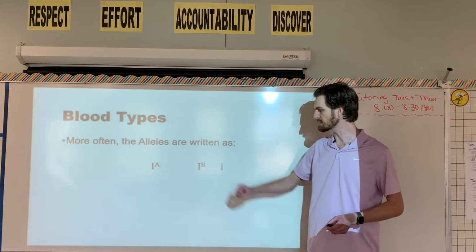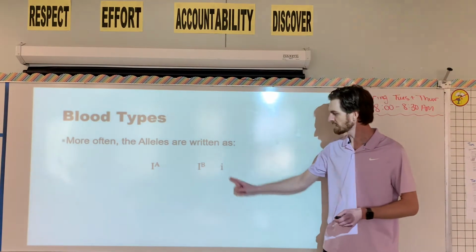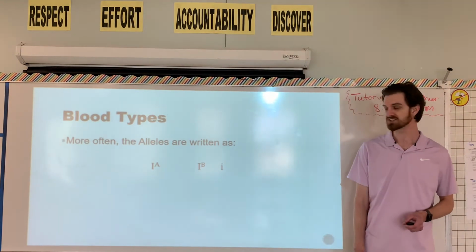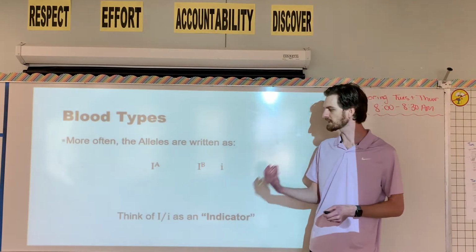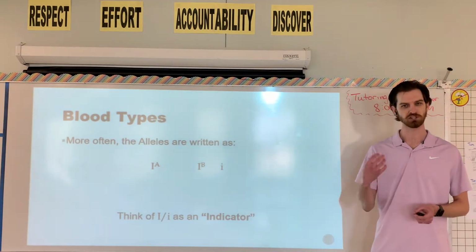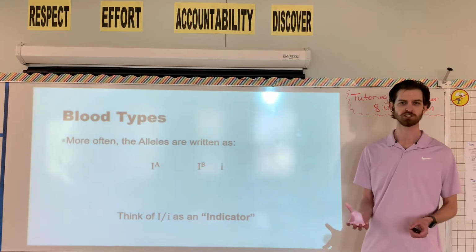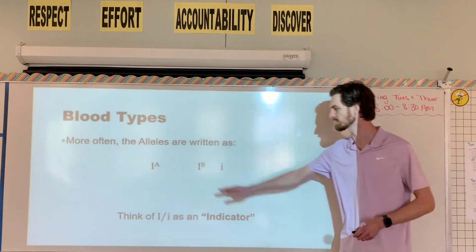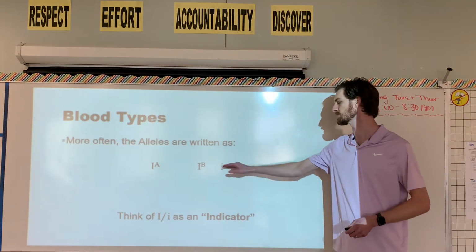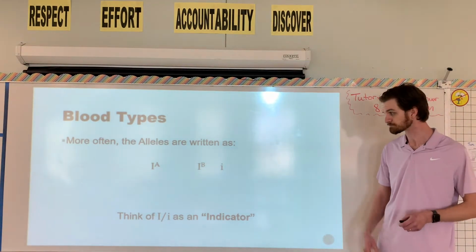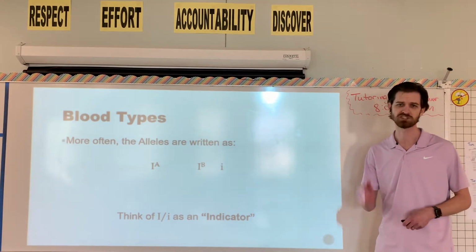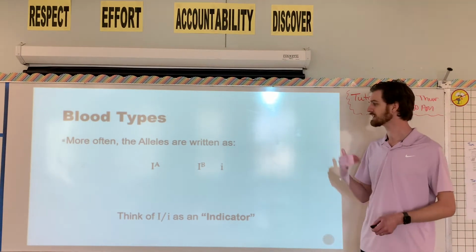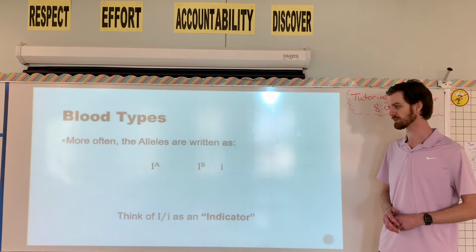This I with a B is also dominant, and this little i is more of a recessive overall. You can think of the I as an indicator. Like when you're getting your blood drawn and they're telling you what your blood type is, they're using indicators to figure that out. So you can think of indicator A, indicator B, or indicator over here. So don't panic if you see I's and A's and stuff on a test. That's just the way we actually write blood types.